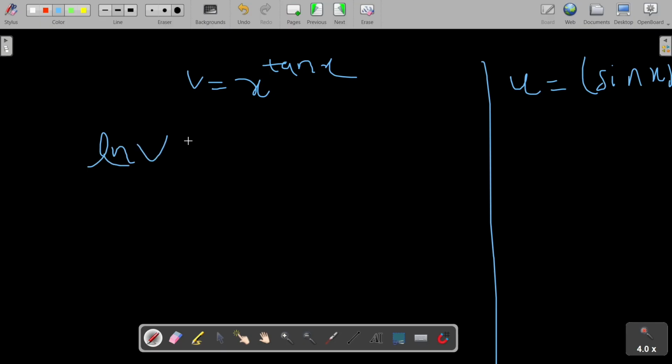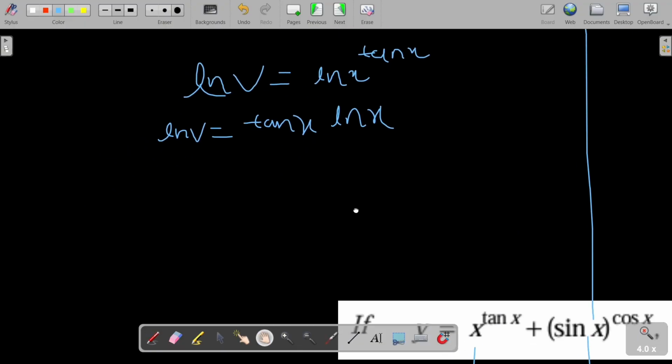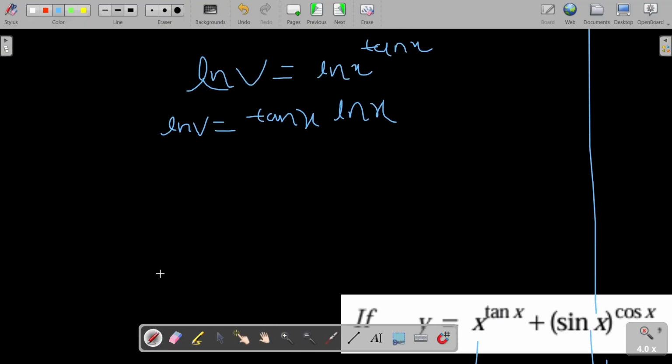I am taking log on both sides. So ln of x power tan x. By using the logarithmic property, this power comes in as multiplication. So this becomes tan x times ln x.